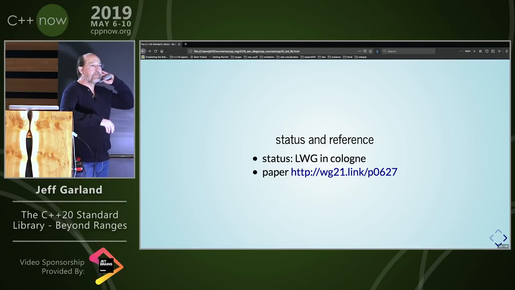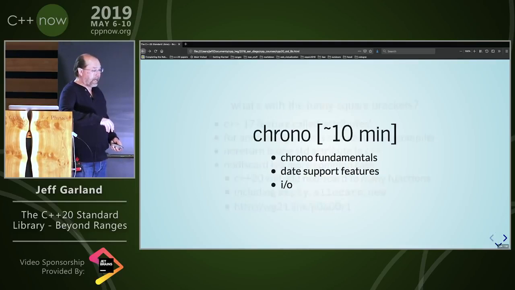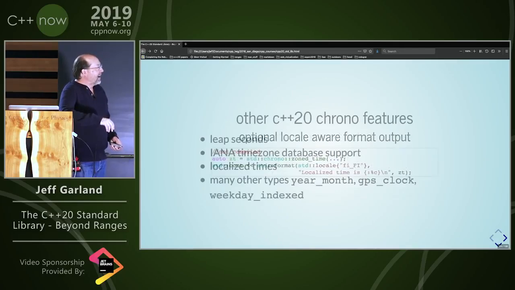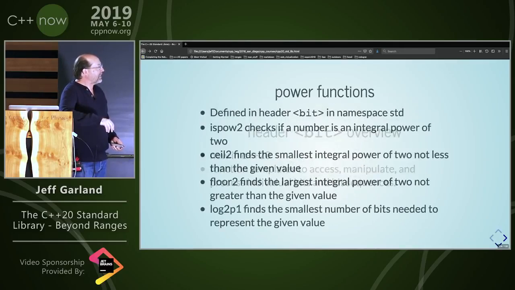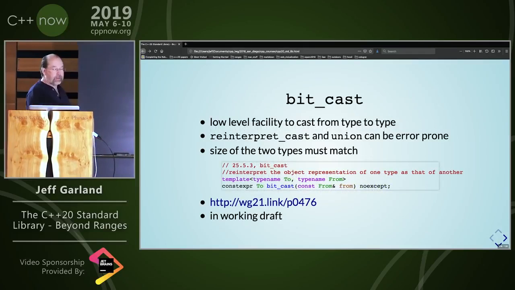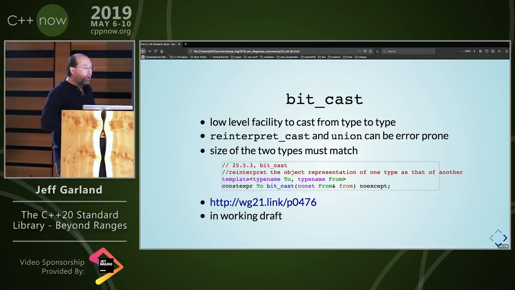The other slide you skipped was bitcast. Oh, bitcast? Well, now we're out of time. I wanted to get to bitcast. We can go there, though. So it's essentially a replacement for reinterpret_cast or union when you're doing low-level memcpy type capabilities.